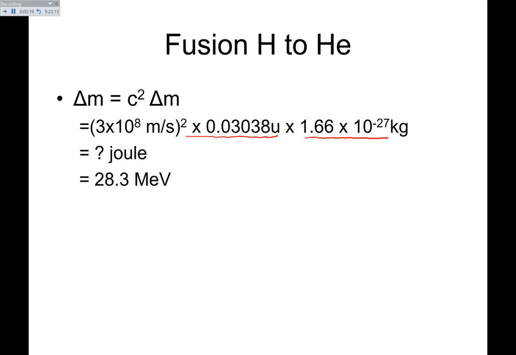I haven't got a calculator with me that does scientific notation at the moment, so I'll leave you to work out the question mark and to confirm that the answer is 28.3 megaelectron volts. Here we've got 4 nucleons involved, so that's about 7 megaelectron volts per nucleon, as per the binding energy chart.